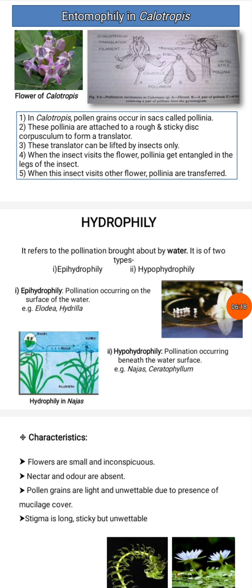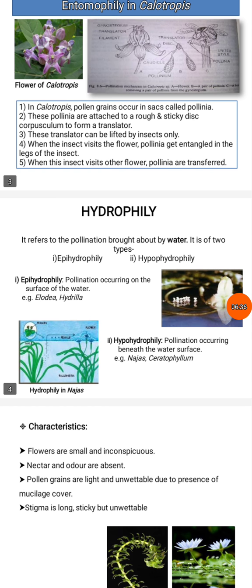Most of the families in which hydrophily occurs, like Ceratophyllaceae, Potamogetonaceae, Hydrocharitaceae, etc., pollination takes place completely under the surface of the water, so it is known as the hydrophilous mechanism.